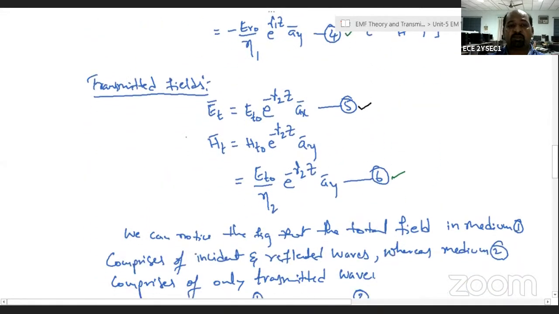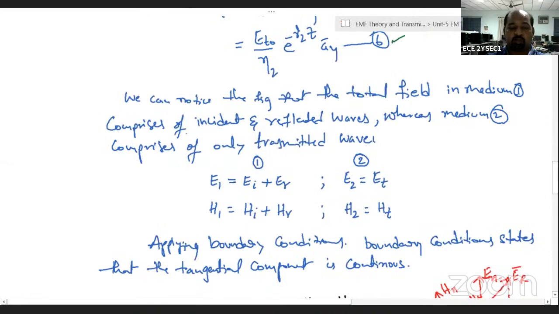And transmitted waves, equation 5 and equation 6. We have noticed from the figure that the total field in region 1 is the sum of incident and reflected waves.